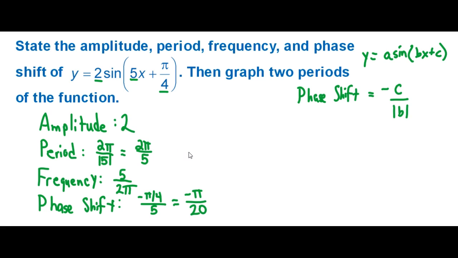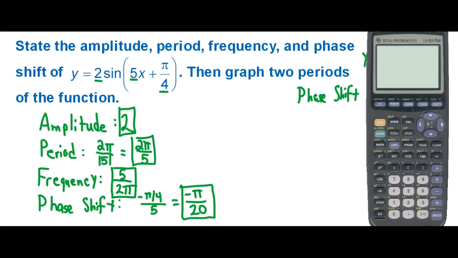So those are the key values that I needed to find. And we're going to also take a look at the graph. We'll just use the graphing calculator so you can see it represented.